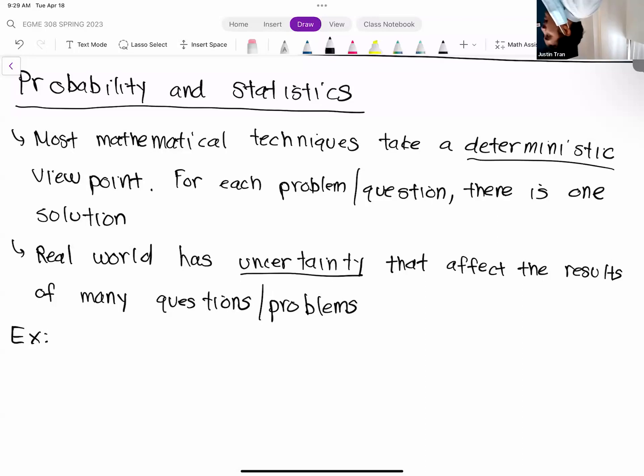Let me ask you a very simple question: how long does it take you to commute to school?